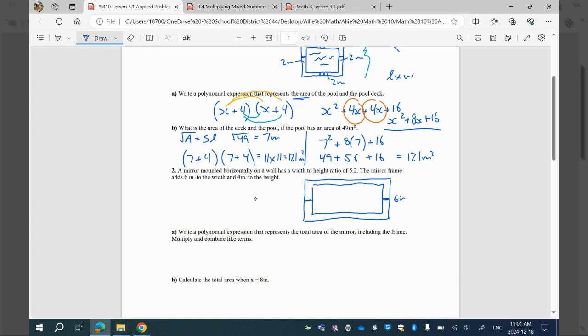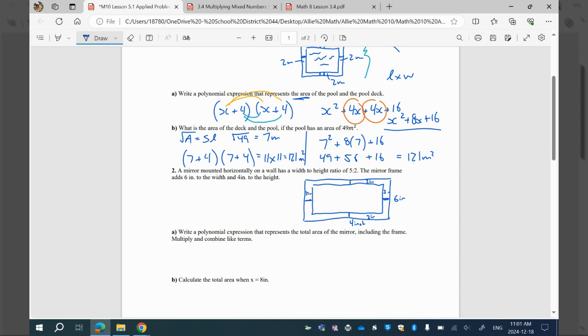And it adds 4 inches to the height. So this plus this is 4 inches. Okay, so a little bit different. They didn't say that it's 4 inches all around. They said that it adds that much to the length. So we can presume this is 2 inches and 2 inches and 3 inches and 3 inches.